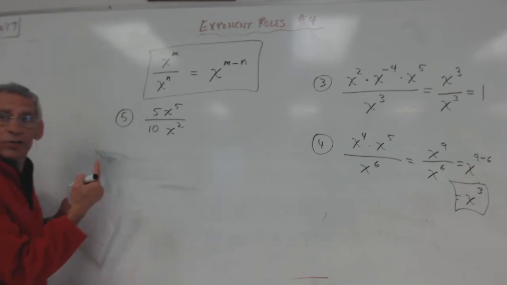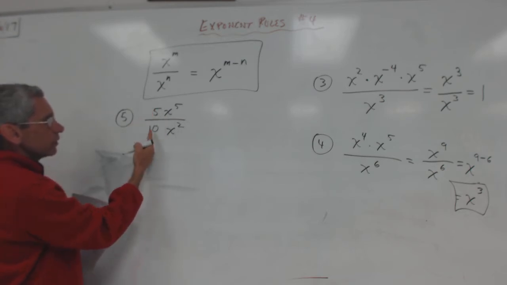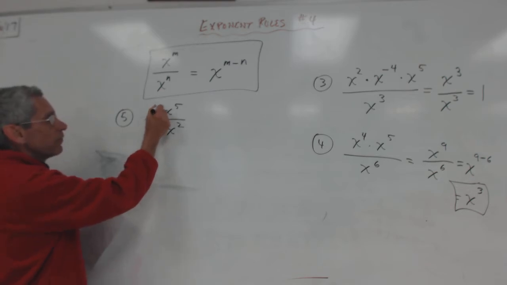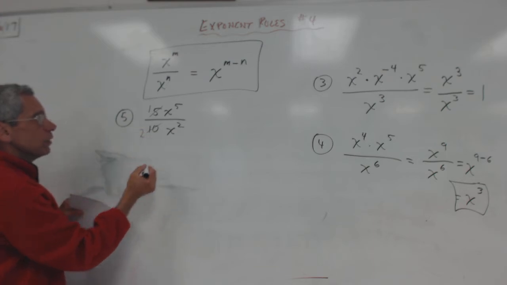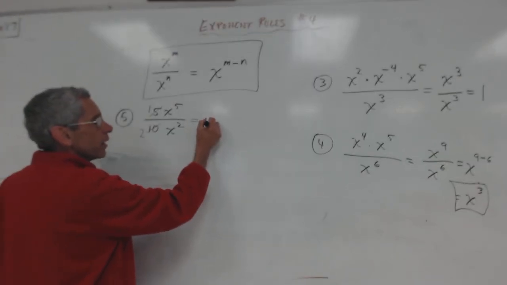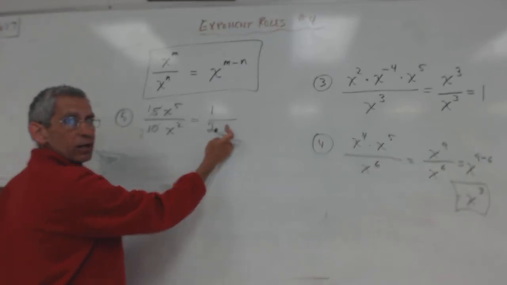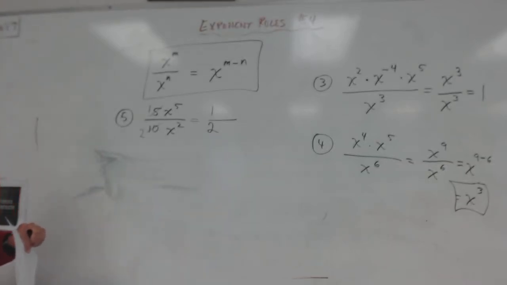So I first simplify my coefficients. 5 over 10 can be simplified: divide 5 by 5, that's 1, and 10 divided by 5, that's 2. So I put equals 1 over 2, and I have a long line here, so I can put my x wherever it should be. Does that make sense?